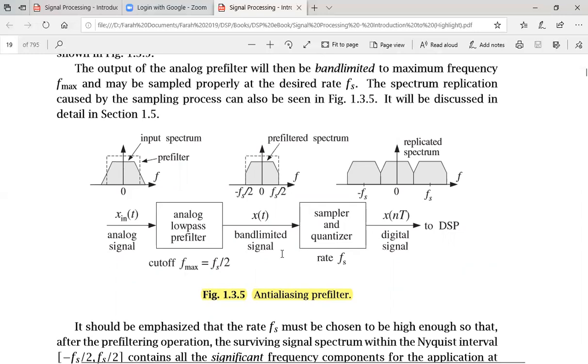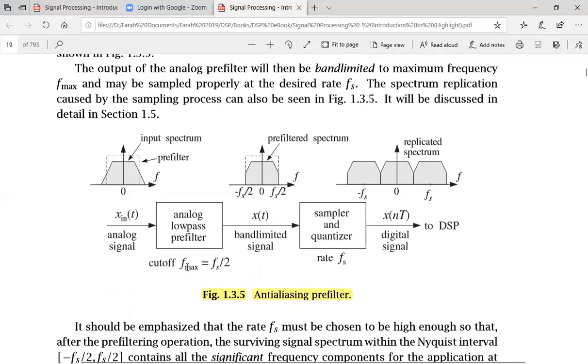So here in this figure, this is your analog low pass filter. Its cutoff frequency is defined as fs by 2. It means that based on your sampling frequency, half of the sampling frequency would be defined as its cutoff frequency, and that will also be your f maximum entering this system.